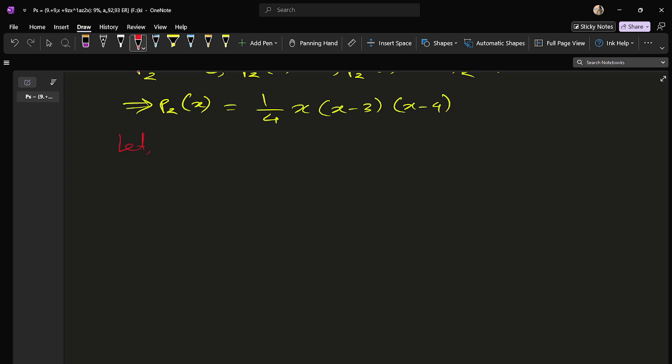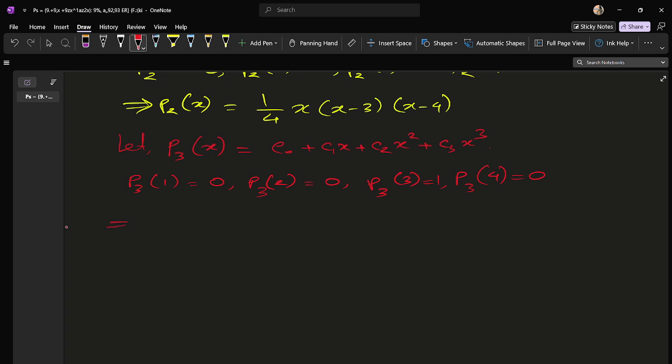So let p3(x) be c0 plus c1x plus c2x squared plus c3x cubed. Then p3 of 1 is 0, p3 of 2 will be 0, p3 of 3 will be 1, and p3 of 4 will be 0.